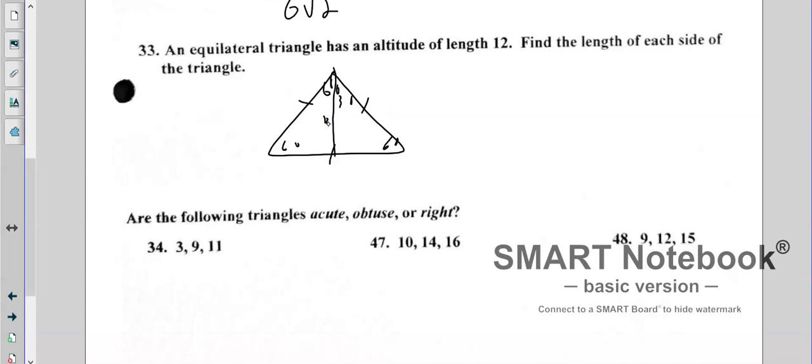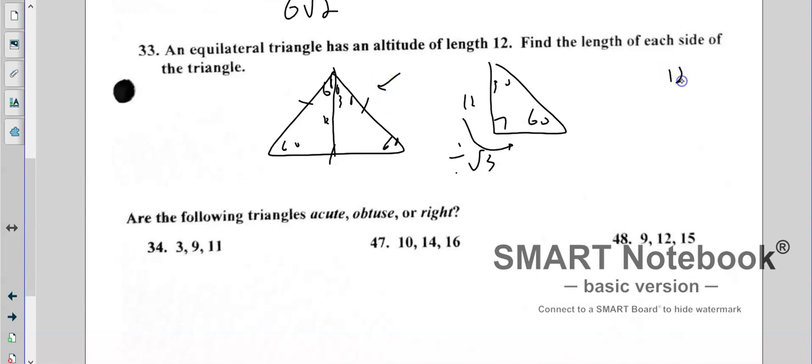Okay, well, 12, let's take this separate here. This is my 60. 12 is opposite my 60. So next I want to go to my 30, my small side here. So I need to go to the small side by dividing by radical 3. I need this to find the hypotenuse, and the hypotenuse of this is the side of the major triangle.